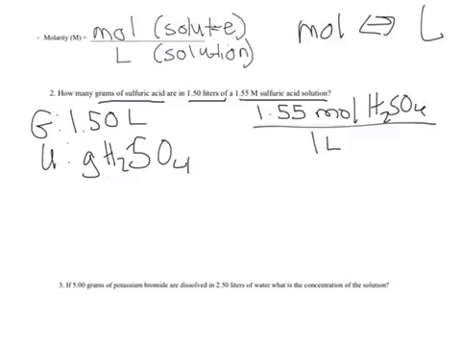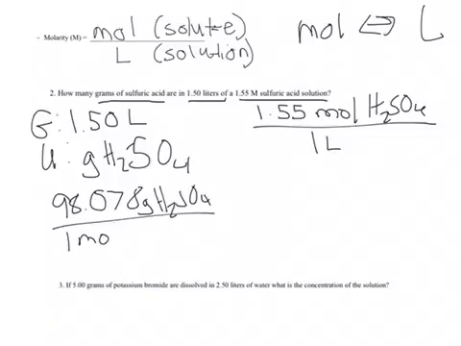Our molar mass of H2SO4 is 98.078 grams of H2SO4 per 1 mole of H2SO4. So we have all of the things that we need.